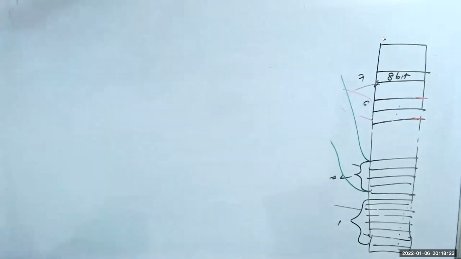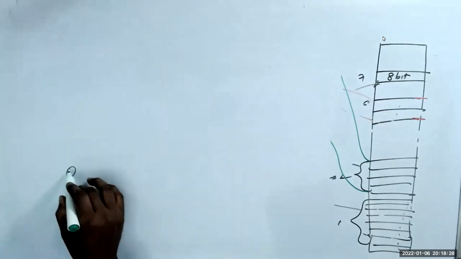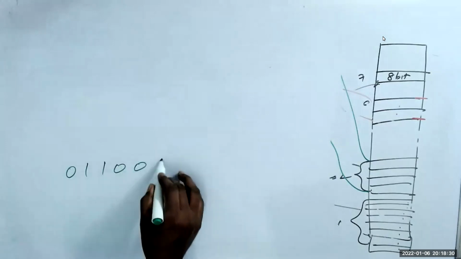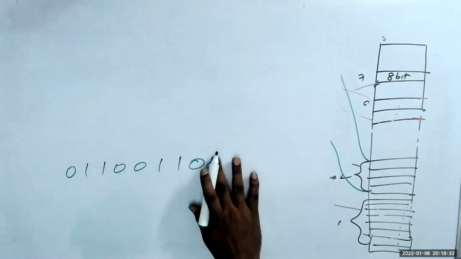Suppose I want to store 0, 1, 1, 0, 0, 1, 1, 0, 0, 0, 0. This is what I want to store here.